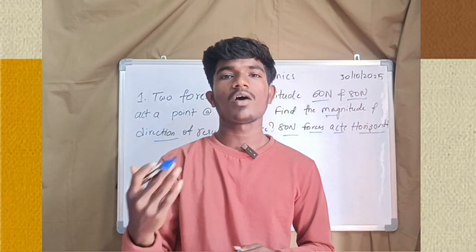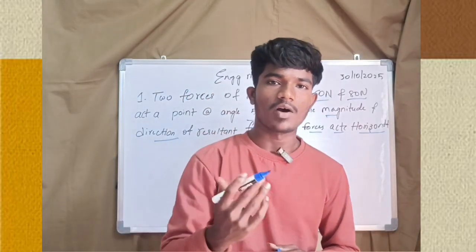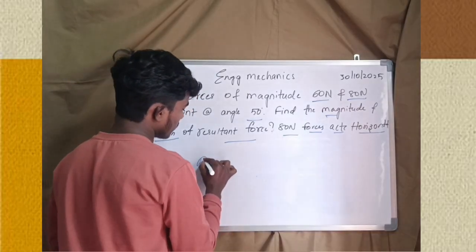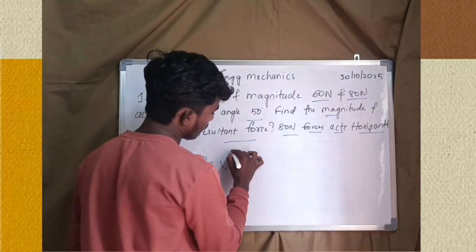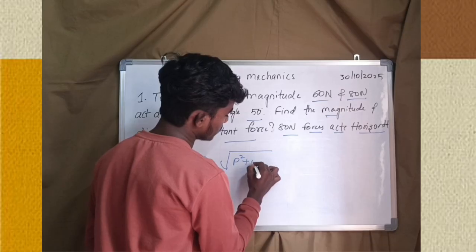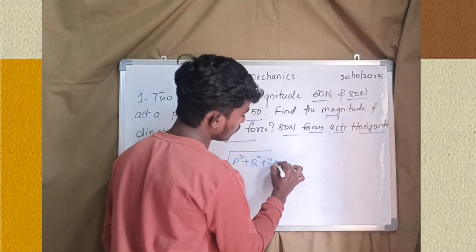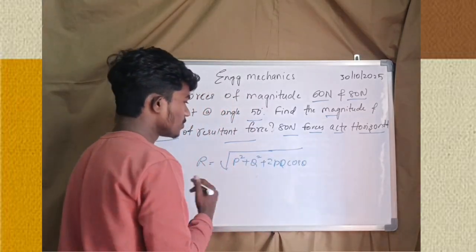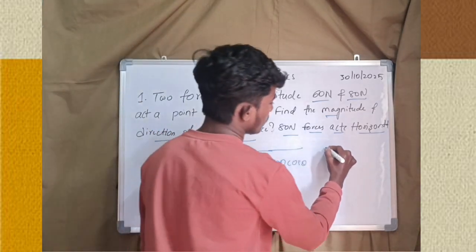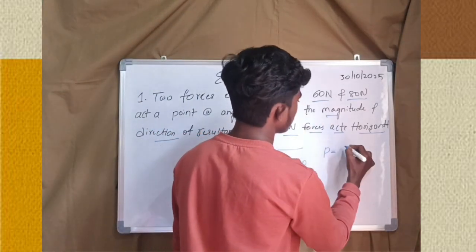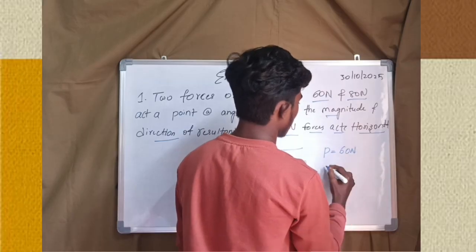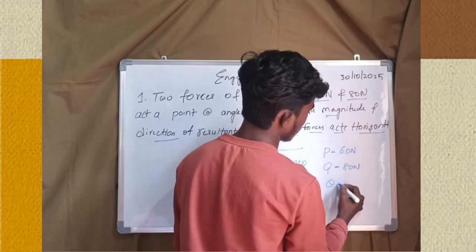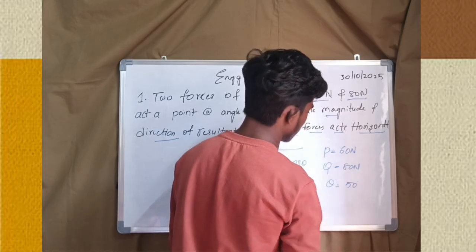By using the law of parallelogram of forces formula, we will find the magnitude. That is R equals the square root of P squared plus Q squared plus 2PQ cos theta. By substituting the values P equals 60 newtons and Q equals 80 newtons, theta is 50 degrees.